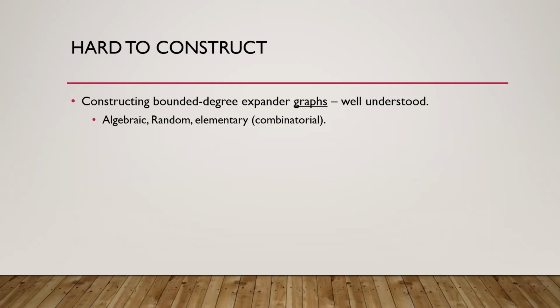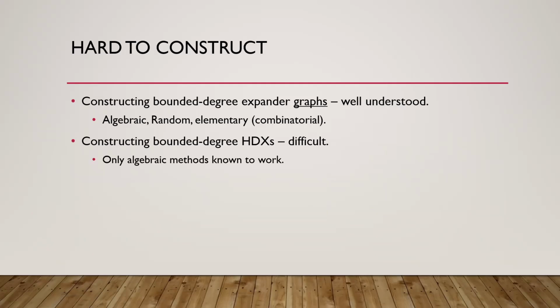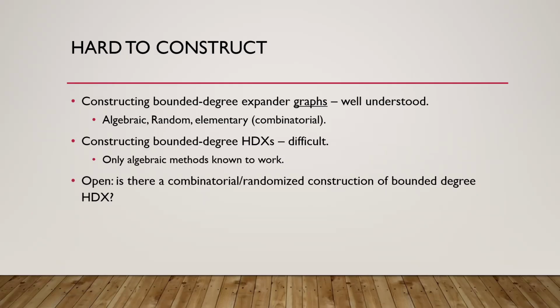However, constructing bounded degree high-dimensional expanders seems more difficult, not computationally hard, but mathematically complicated. And in particular, only the algebraic methods generalize well to higher dimensions. So even in dimension 2, only complexes with triangles, we only know how to construct these bounded degree objects using some kind of algebra. And so let me just throw this out here.